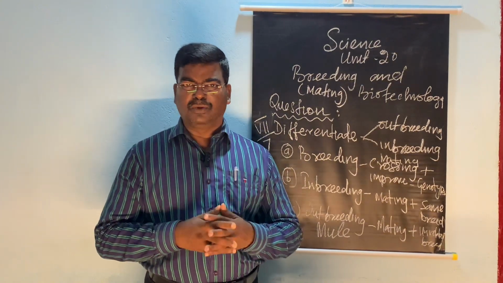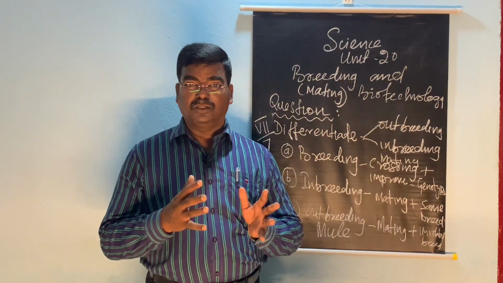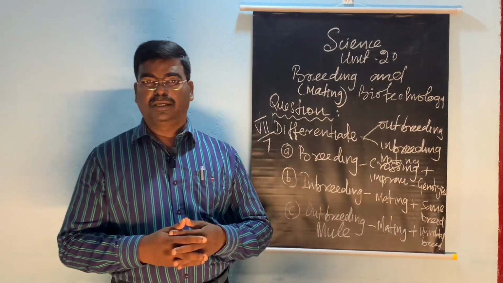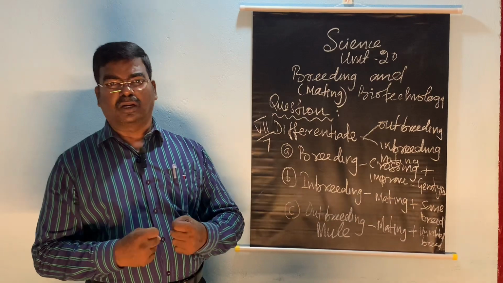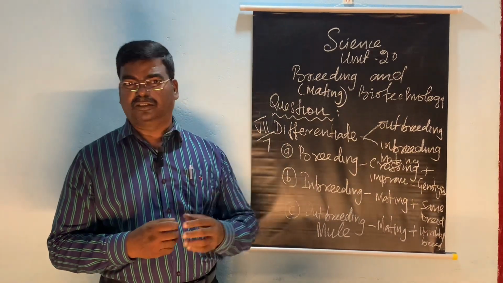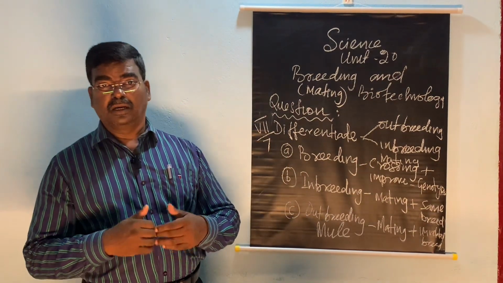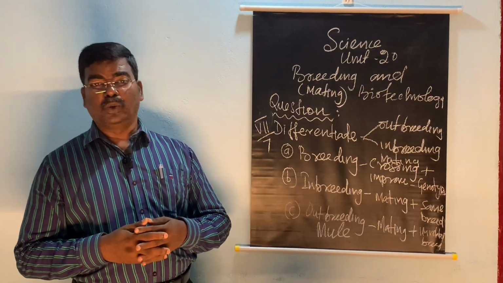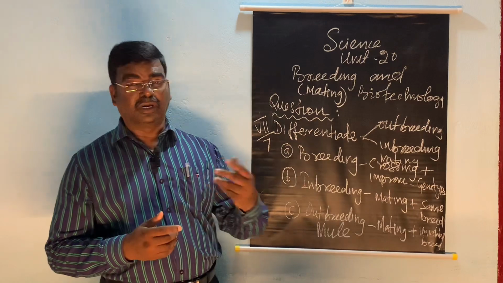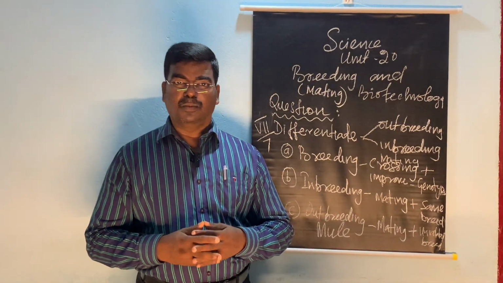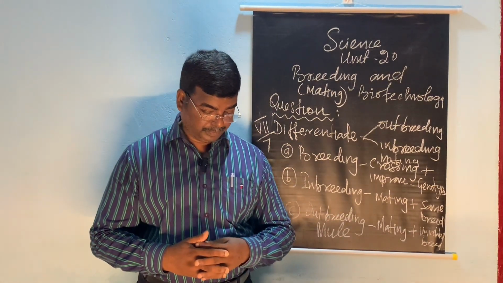So in the mule what are the superior characters? Superior characters mean it is stronger than horse. More stronger than horse, and it is doing very hard work and has good resistance capacity. More strength also.